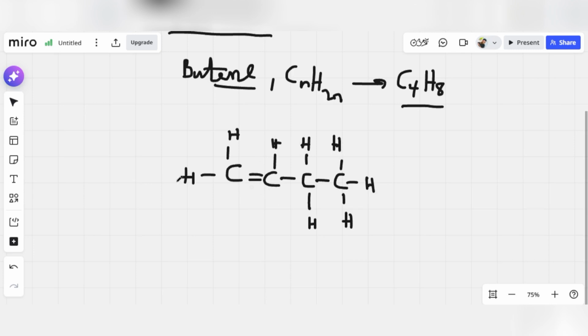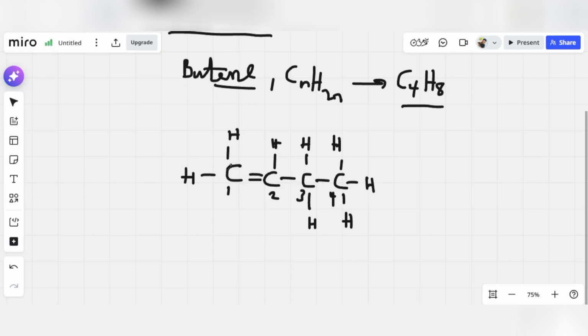Now you want to name this guy. Since this double bond belongs to carbon 1, we have carbon 1, 2, 3, 4. This is how you are checking the double bond: this bond belongs to this carbon.